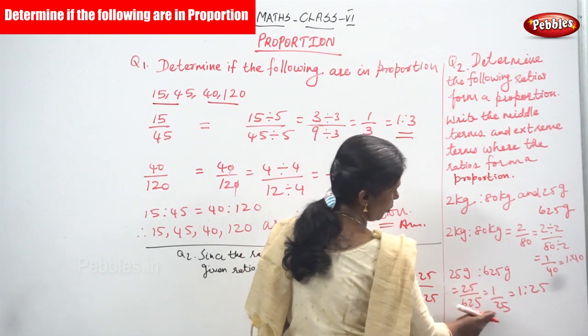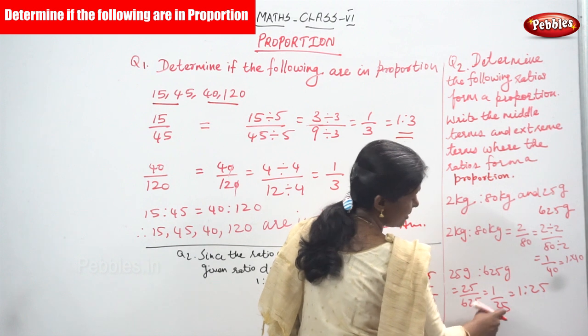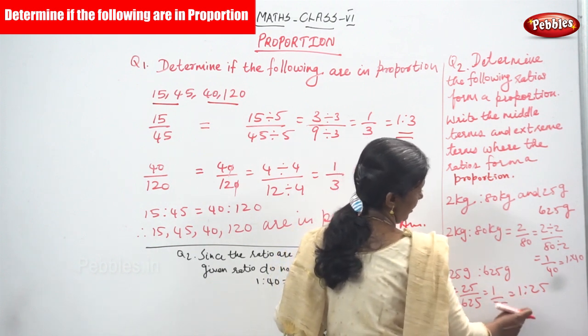So 1 divided by 25, this is the simplest form. After that you write it as the ratio 1:25.